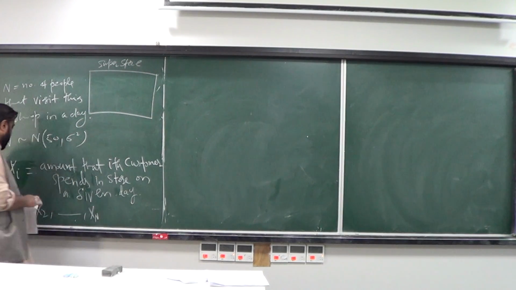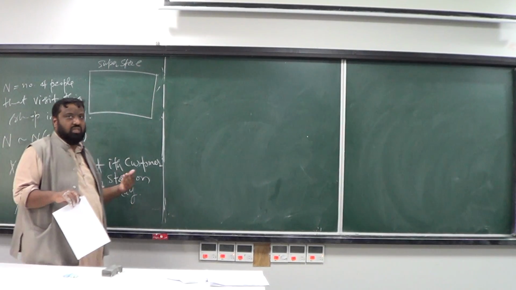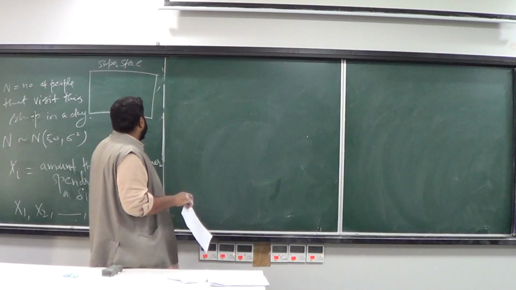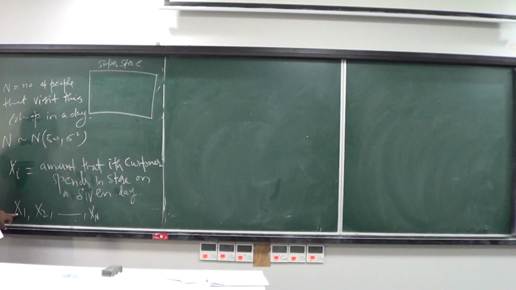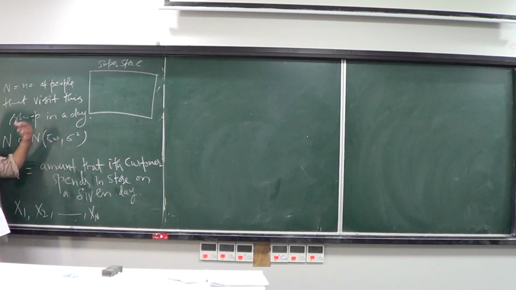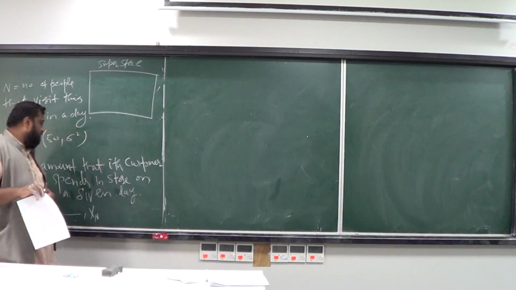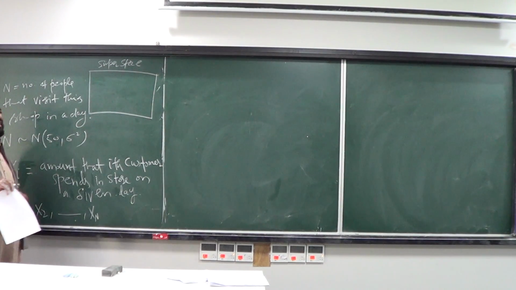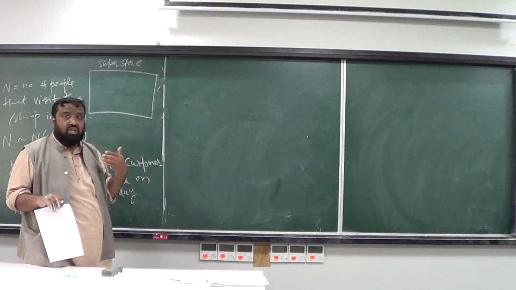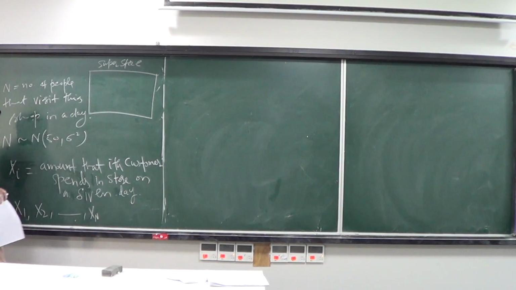Since there are n random people that visit the store on a given day, x1 is the amount that the first person spent in the store on a given day. x2 represents the amount that the second person spent in that store in a given day. xn represents the amount the nth person spent in the store on that given day.